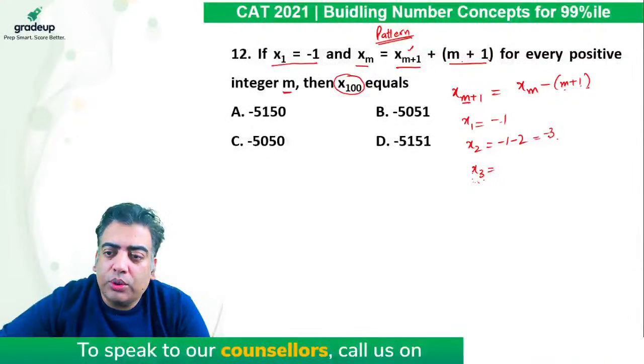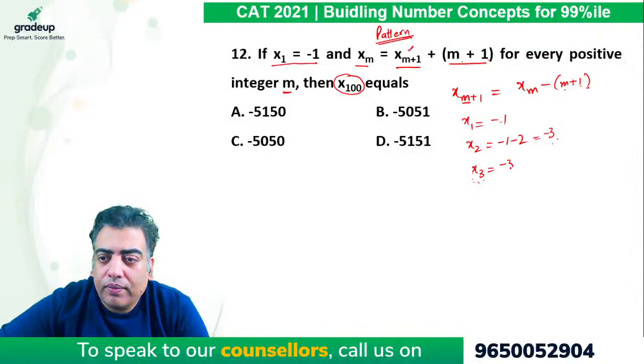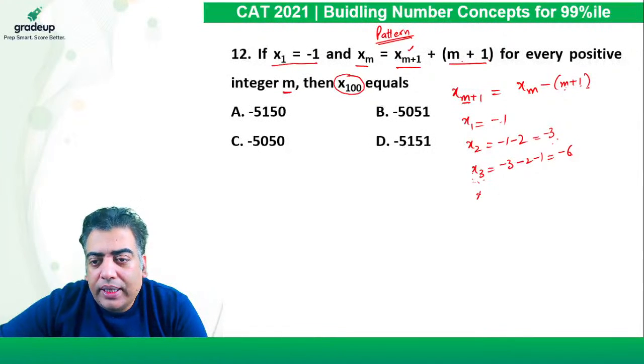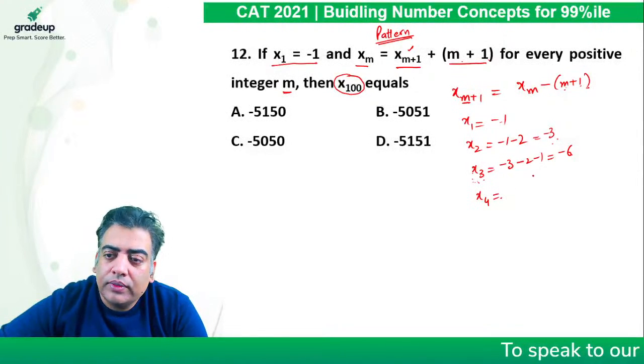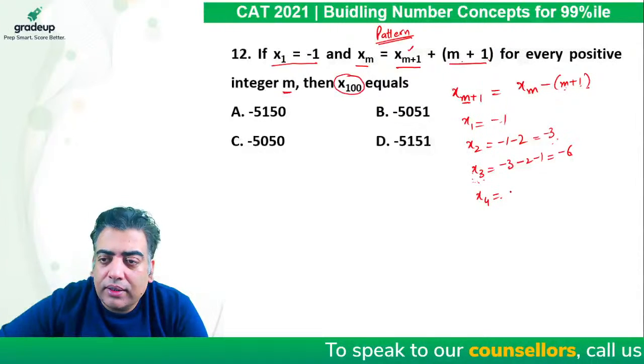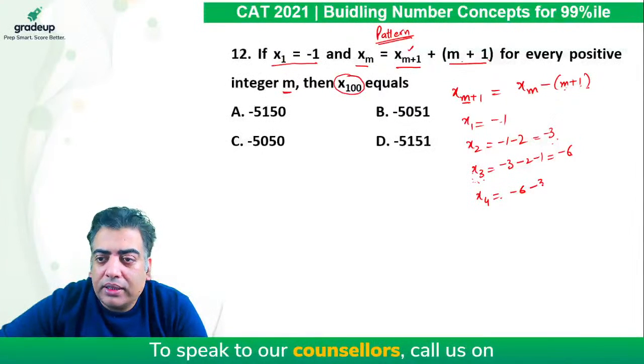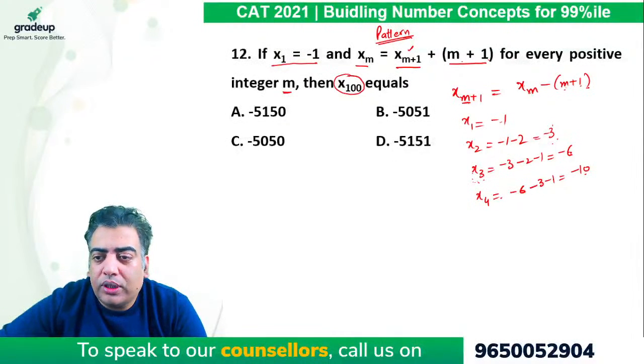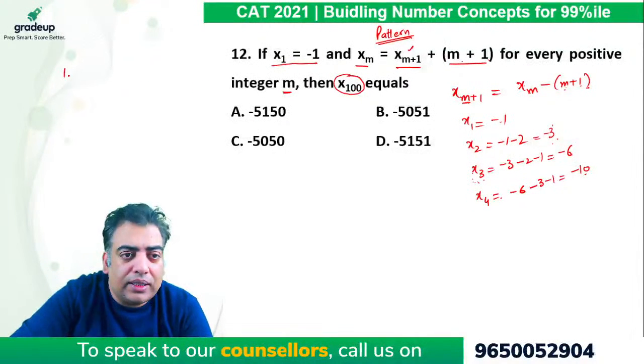So it is x2, which is -3 minus 2 minus 1, which adds up to minus 6. When I take x4, it comes out to be minus x minus 3 minus 1, which is equivalent to -10. So these four terms are sufficient to define the series.